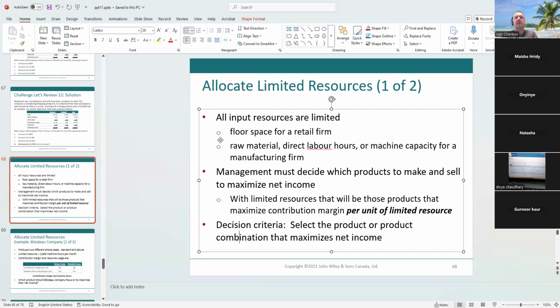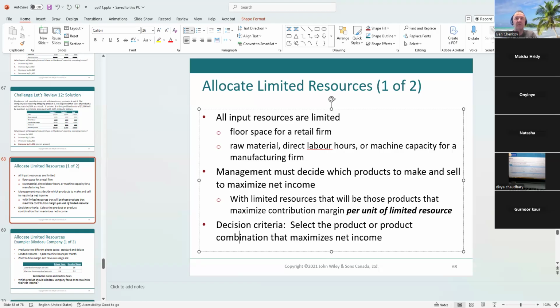So in this case, all input resources are limited. What will those usually be? Floor space in the company, raw material, direct labor, machine capacity, manufacturing, those for the manufacturing company. So as a manager, you have to decide which product to make to maximize the net income.